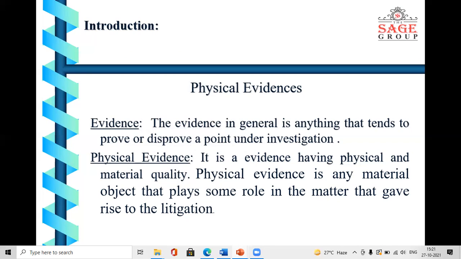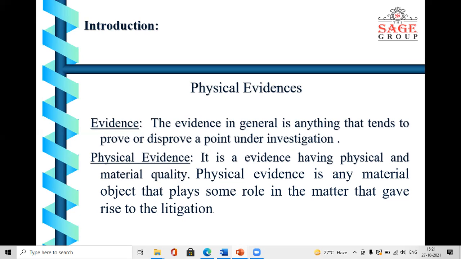For example, mobile. We can touch mobile, so it is a physical evidence. For example, software present in our mobile phone or laptop is not physical evidence because we can't touch that. We can touch a hard disk, a laptop, a diary, so they come under physical evidence which have material and physical quality. Okay, so I think it is clear.